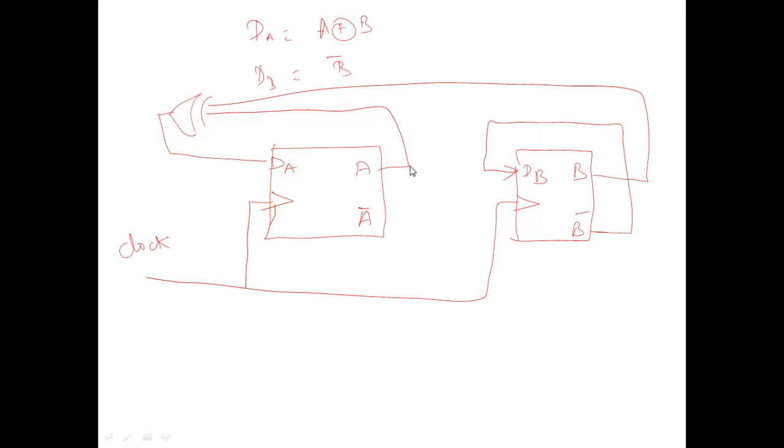Now you take one output from A and another from B, which will give you for every count 0 0, 0 1, 1 0, 1 1. So this is again a 2-bit up counter, but now using the D flip-flop.